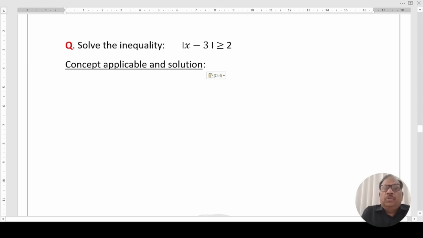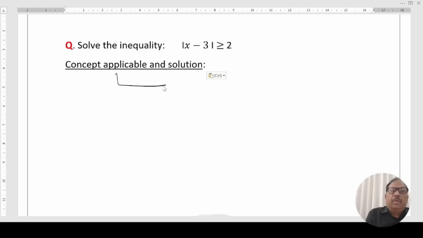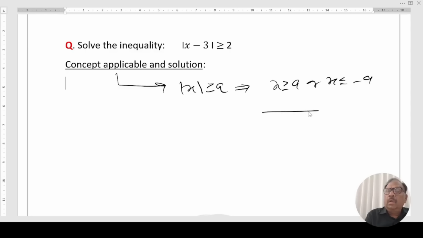Question is, solve the inequality mod of x minus 3 is greater than or equal to 2. Concept applicable: mod x greater than or equal to a. Answer is x greater than or equal to a or x less than or equal to minus a.